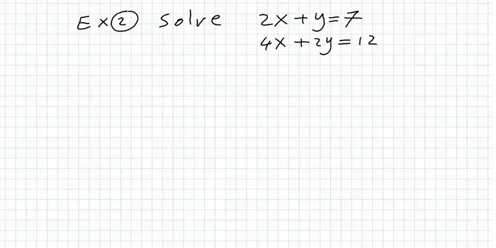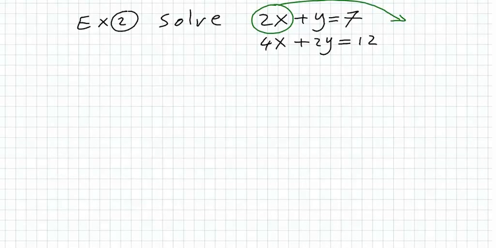As you can see here, you need to prepare one of the equations by solving it for one of the variables. Which one will we use? The best one is the first equation. Just take 2x to the other side.